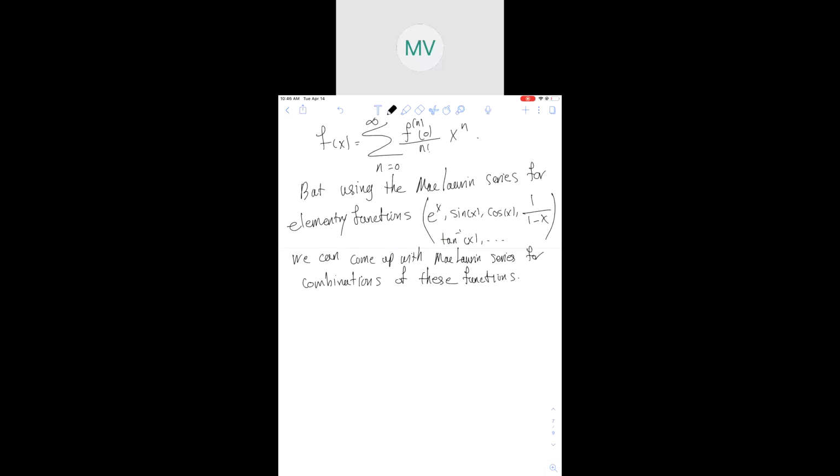I'll explain it by a very simple example. Let's say you want to find the Maclaurin series for 1 over 3 minus x.